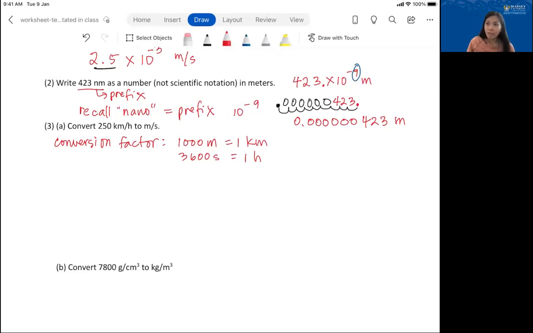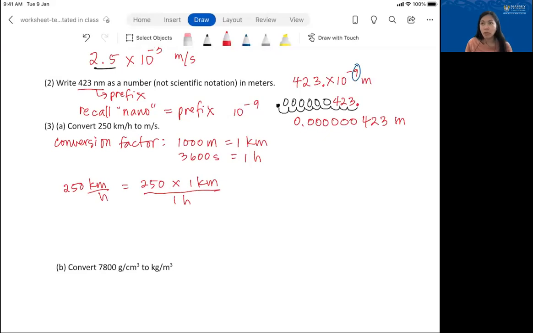Once you have your conversion factor, it would be easier to separate the number from the unit. So separate 250 from kilometers per hour. You can go 250 times 1 kilometer divided by 1 hour, separating out the number 250 from the unit kilometer and hour.